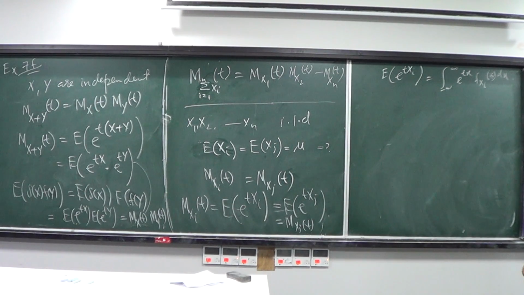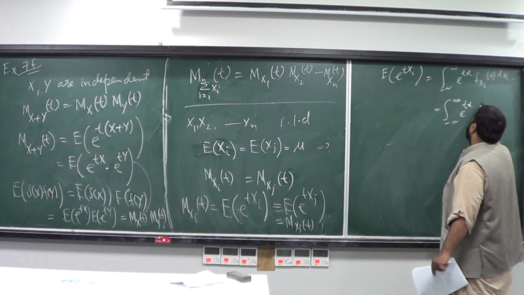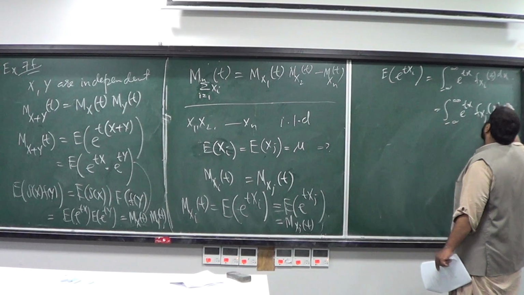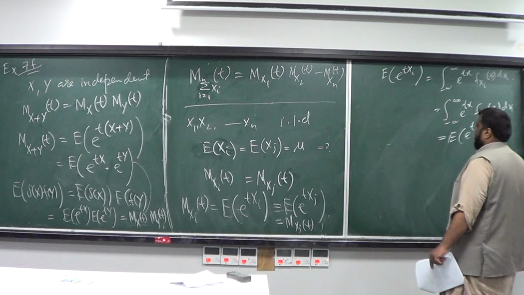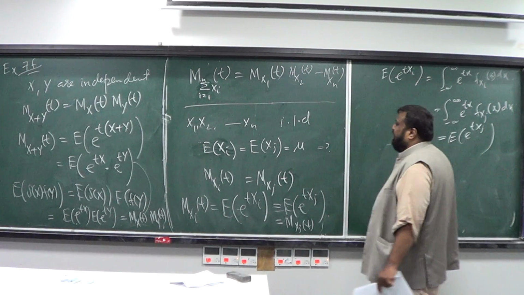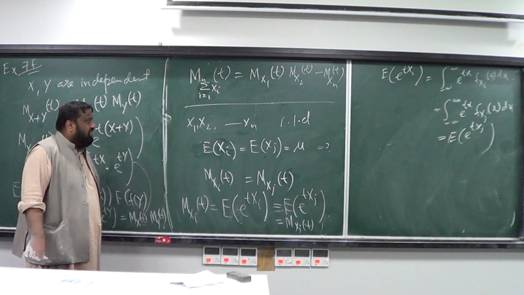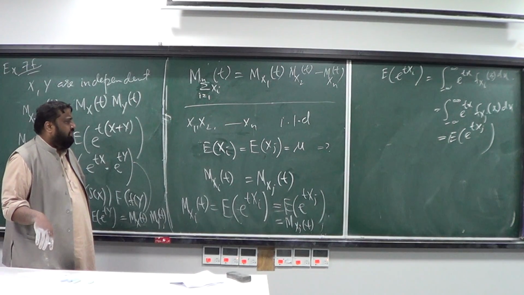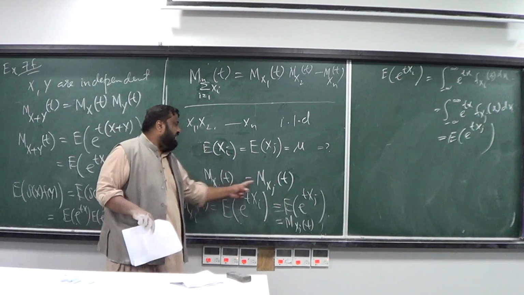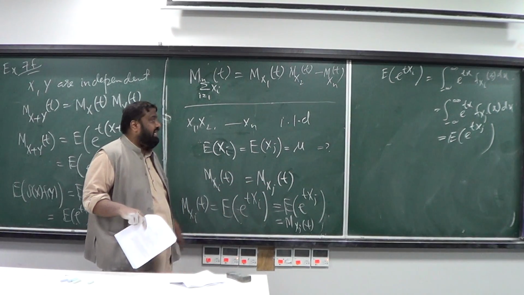But xi and xj have identical distribution, so they must have the same PDF. I can say this is the same as the integral of e to the tx times f xj of x dx. So this is the same as the expectation of e to the t xj. So if you have a number of random variables that have identical distribution, their moment generating functions are also going to be identical.